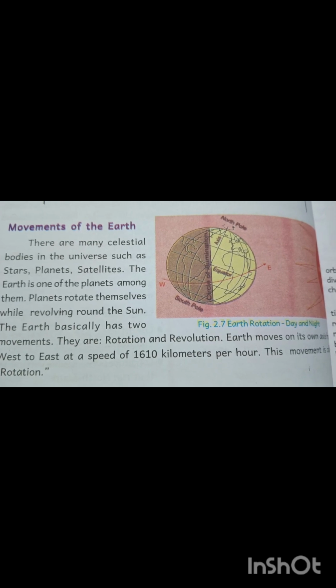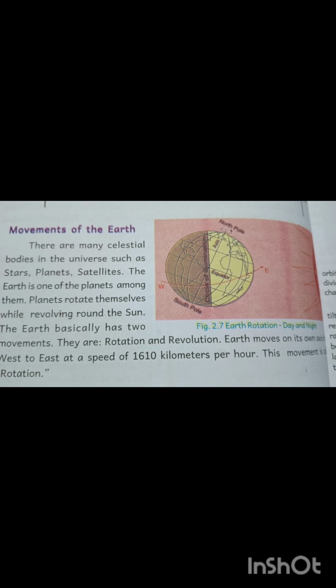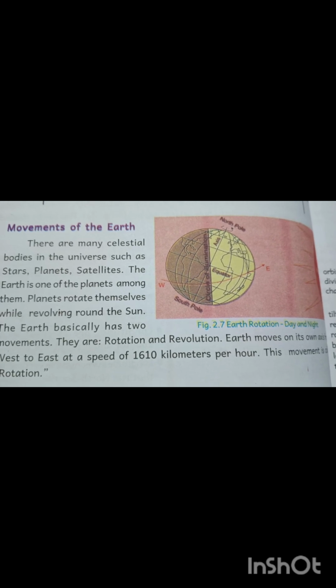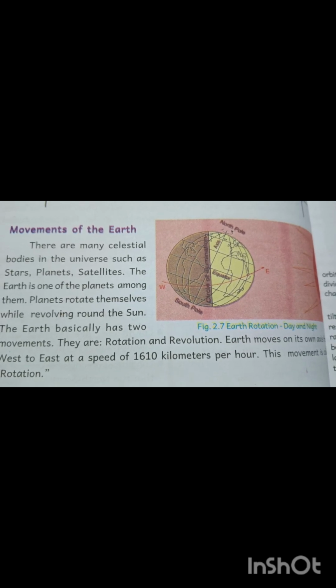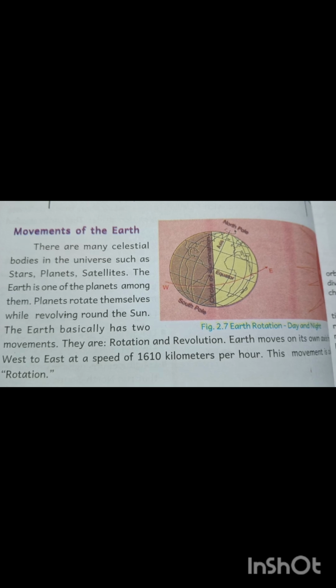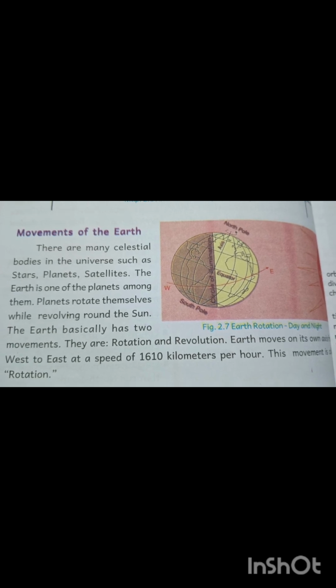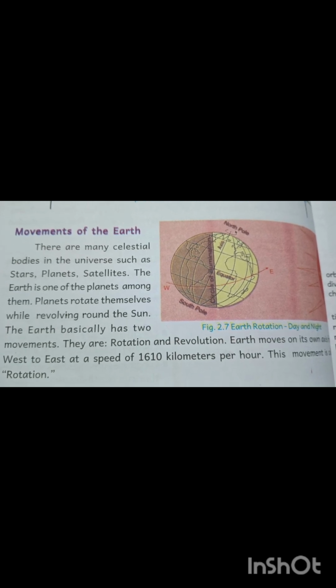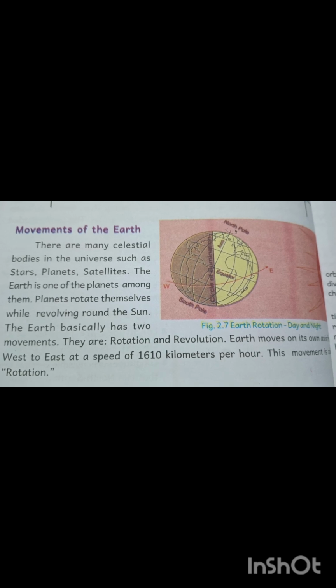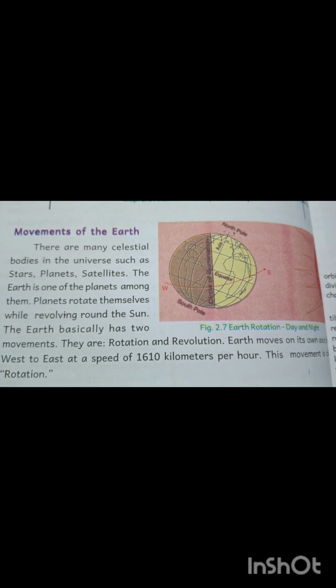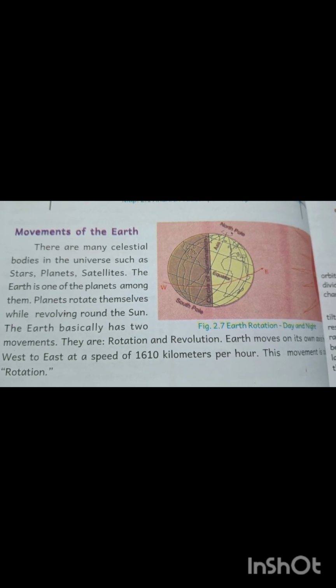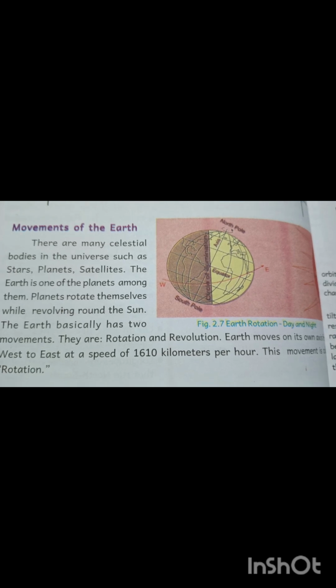They are rotation and revolution. Earth moves on its own axis in west to east direction at a speed of 1610 kilometers per hour. This movement is called rotation.